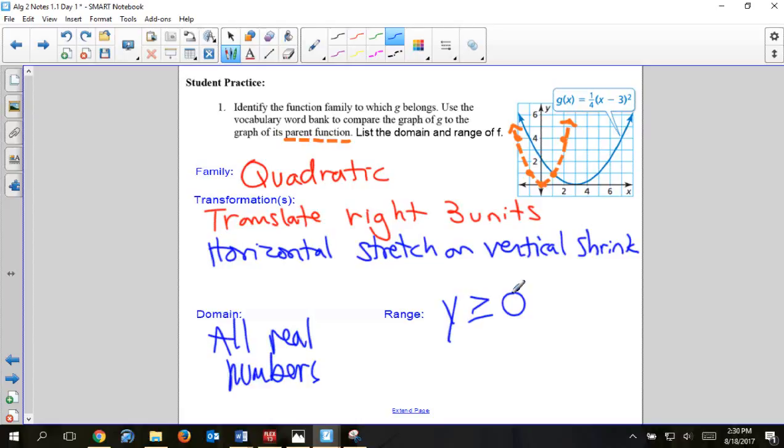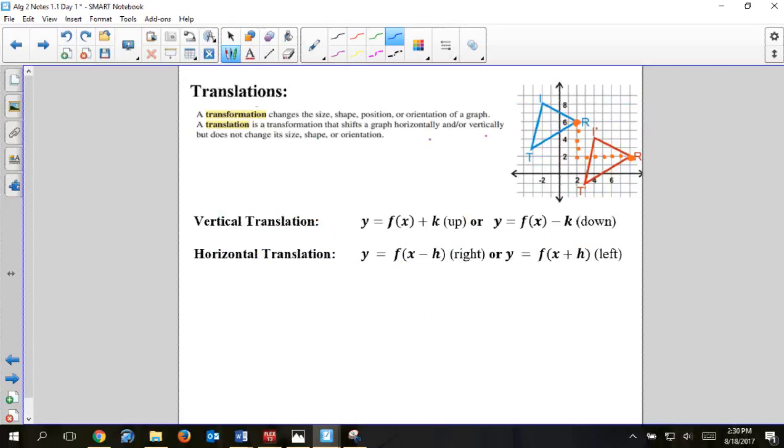Almost done. We got one more little thing to learn. We are going to be talking about transformations almost the entire book. It's just going to keep coming up for different equations. At the end of the year, we'll be doing logarithms. You've ever heard of those?